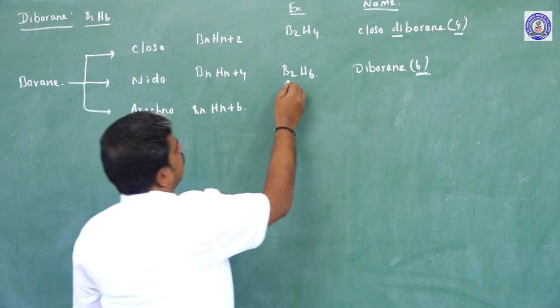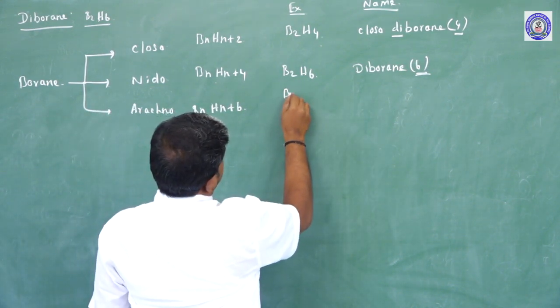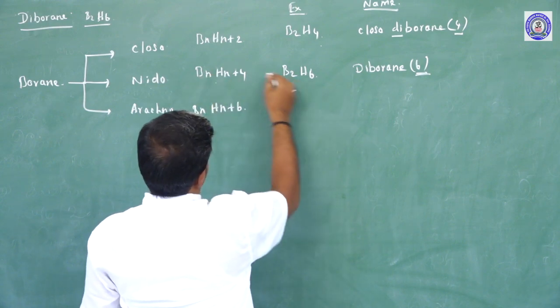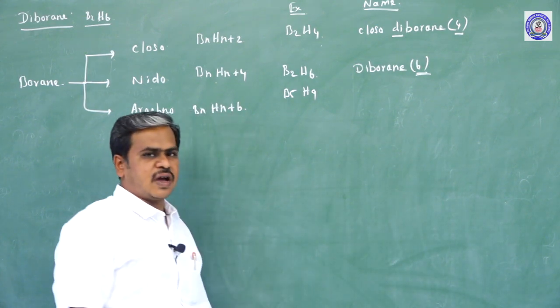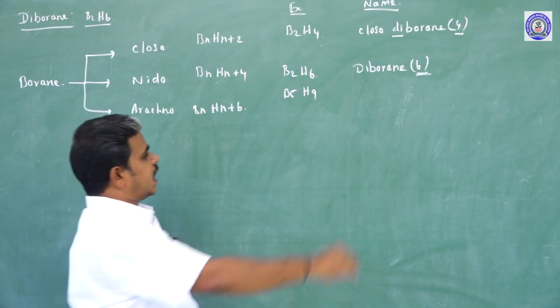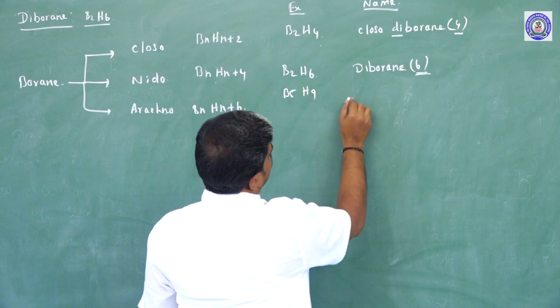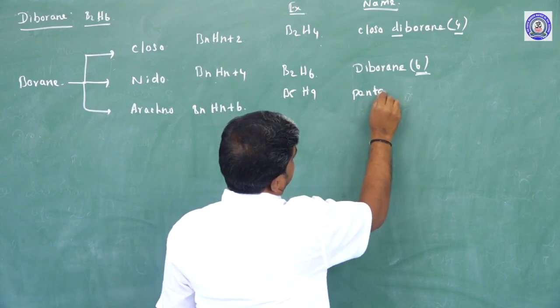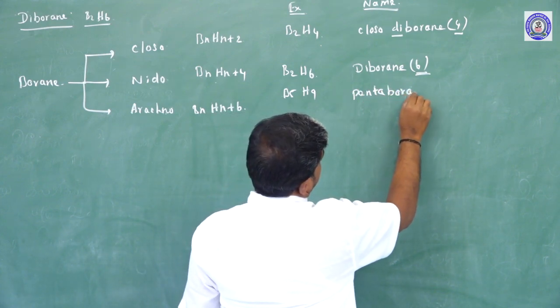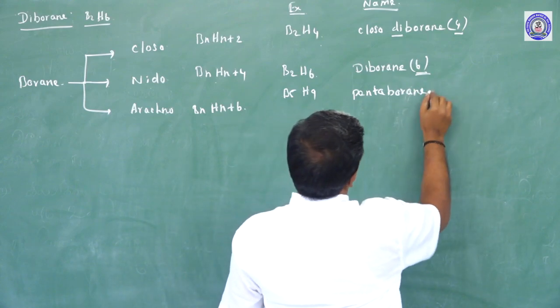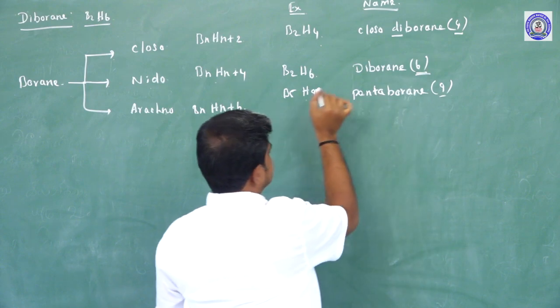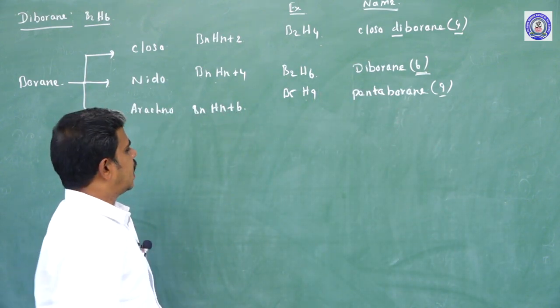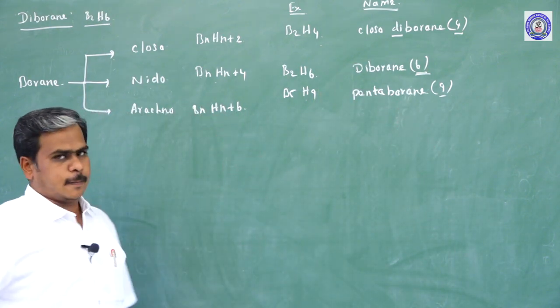And here B5H9 is pentaborane(9), where 9 represents the number of hydrogen atoms. Now, arachnoborane.